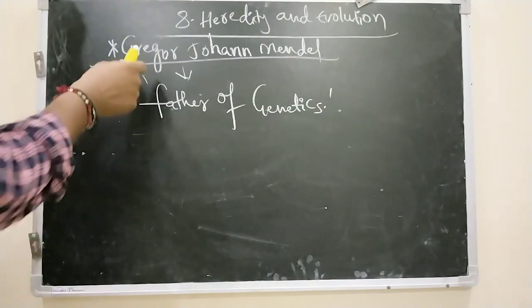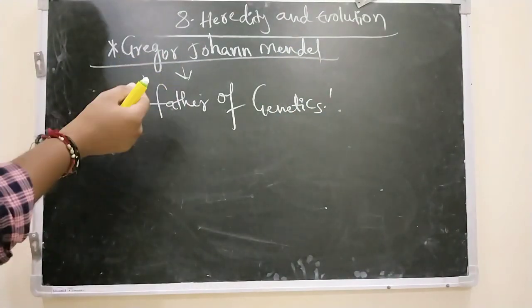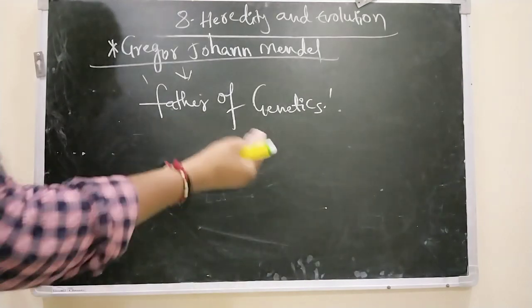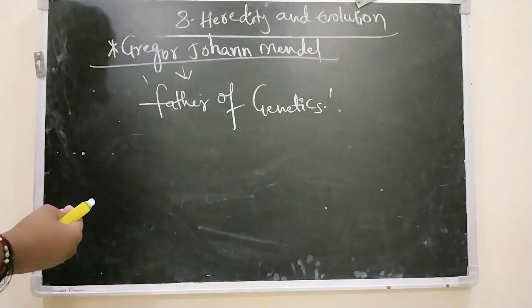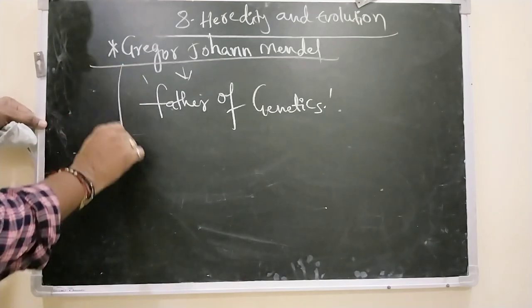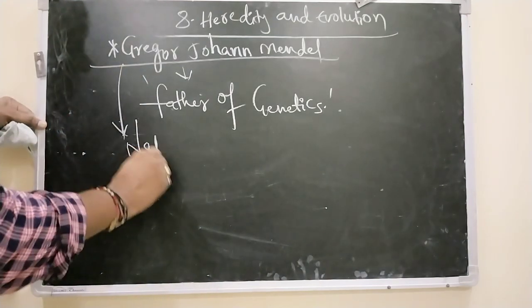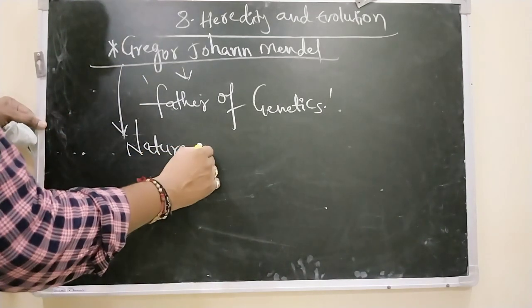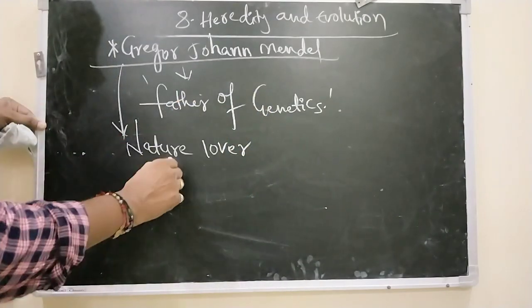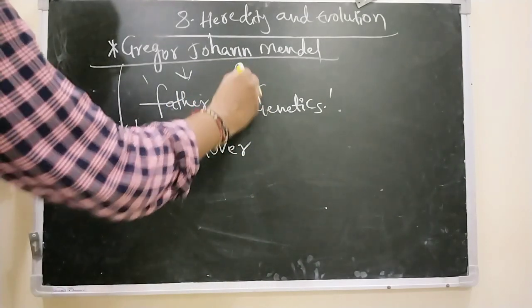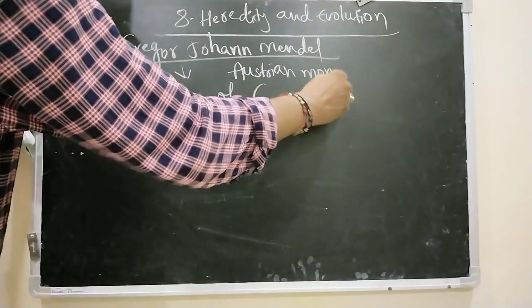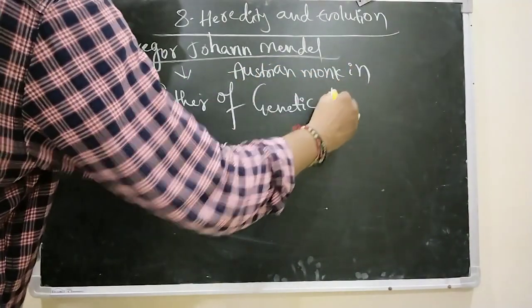Why? Because he is not a great student, or a research scholar, or a professor in any university, and he did not study in any university, but he is a nature lover. Because of his love and affection towards nature, he focused on, actually he was working as an Austrian monk in a monastery church.